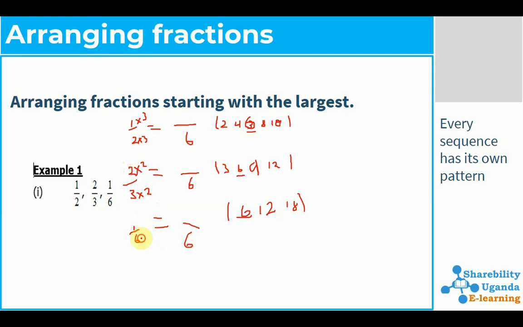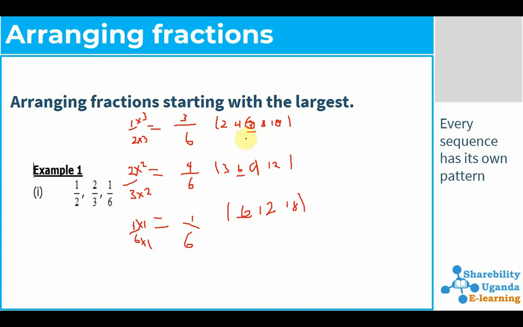It is a 1. So we shall also multiply this numerator by 1. So 1 times 1 we get a 1. Then 2 times 2 we get a 4. Here 1 times 3 we get a 3.